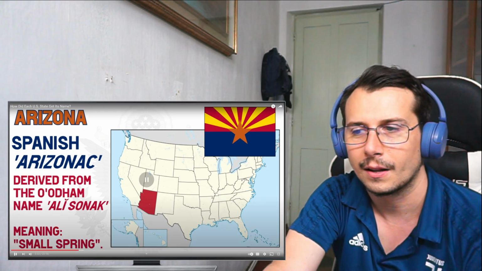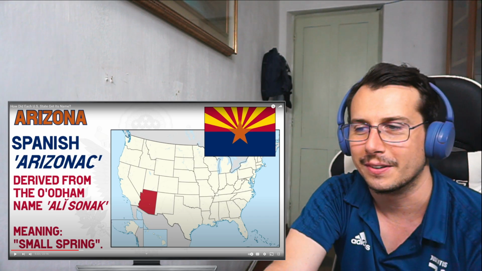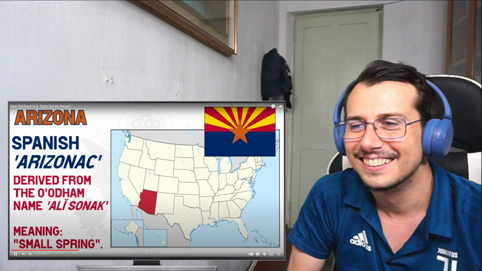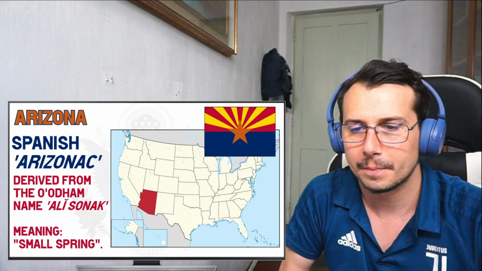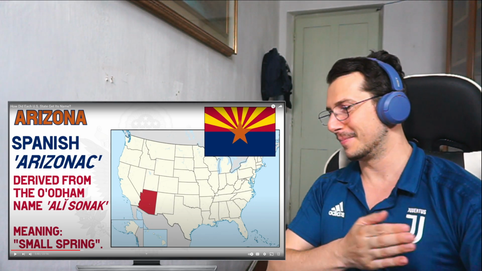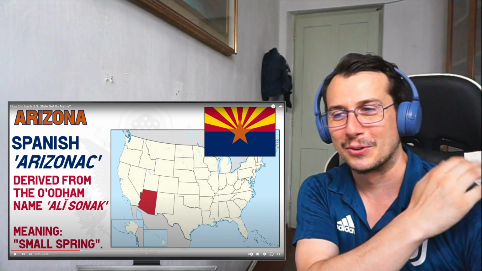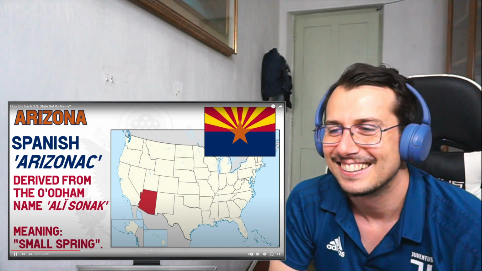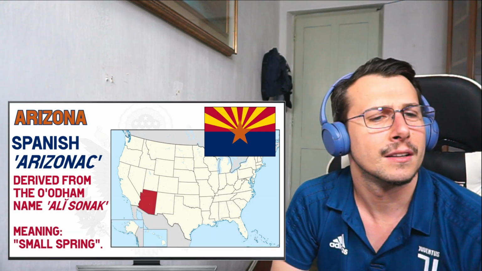Oh, el euskera, wow. I do like my explanation better though. Apparently there is a misconception that the state's name originated from the Spanish term Arida Zona, meaning arid zone. Yes, look! Good job, Mauro, good job. This is considered a folk etymology and is not accurate. But if there's no official record, who knows?